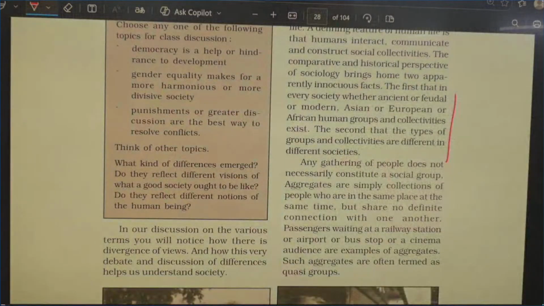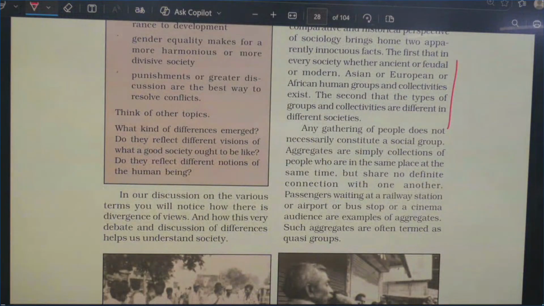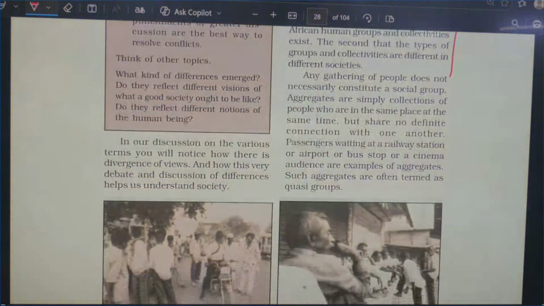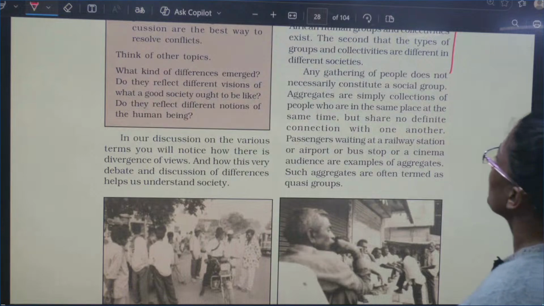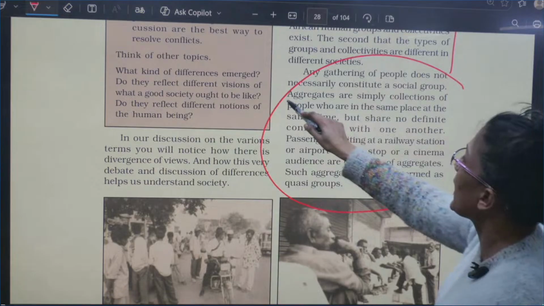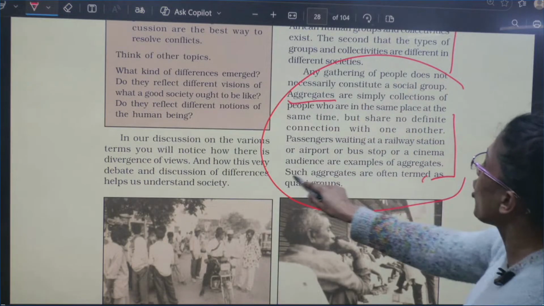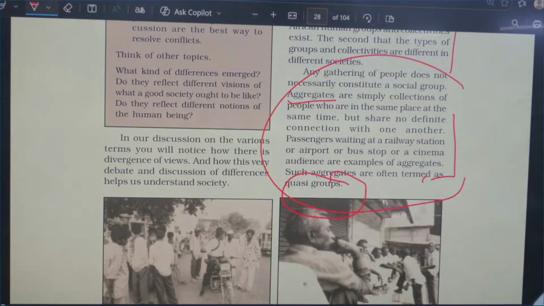Any gathering of people does not necessarily constitute a social group. You are waiting at the metro, it does not mean a social group. Aggregates are simply a collection of people who are in the same place at the same time. So this is aggregation. But what forms is what you can call quasi groups, but it is not a group.